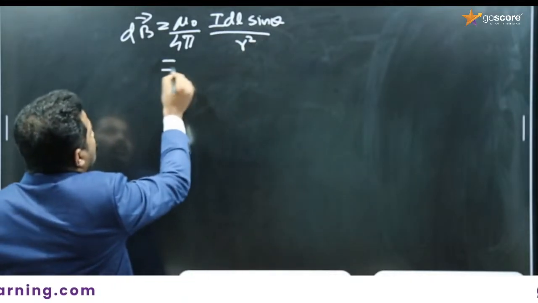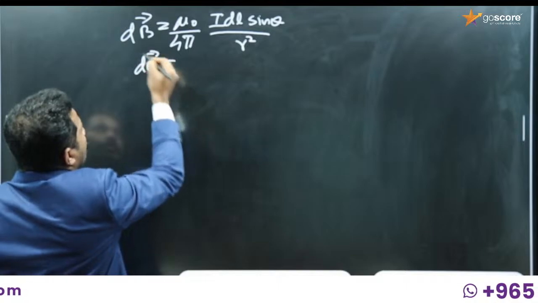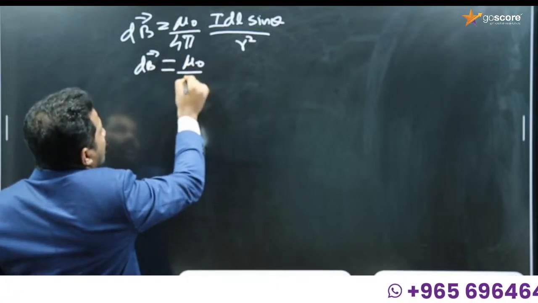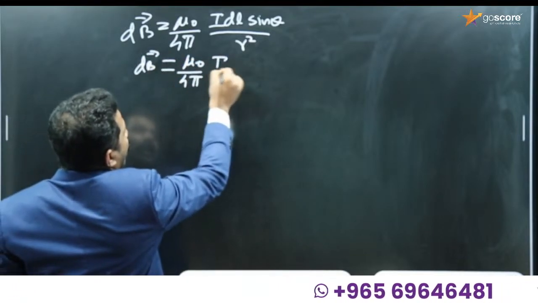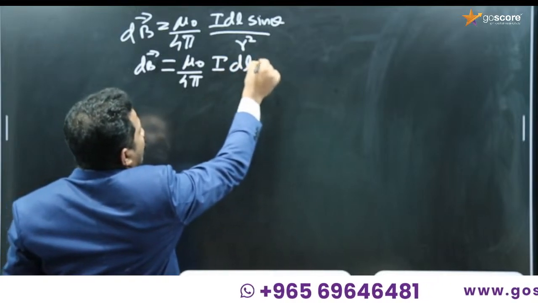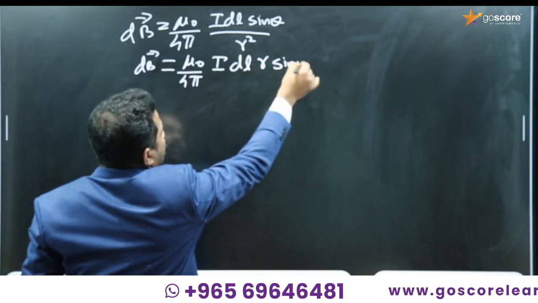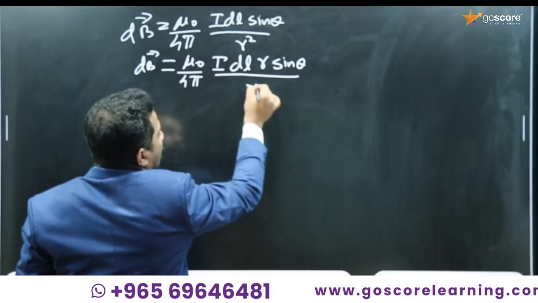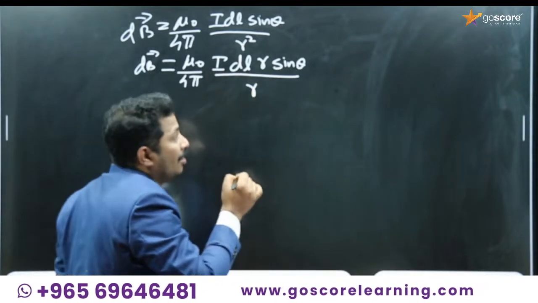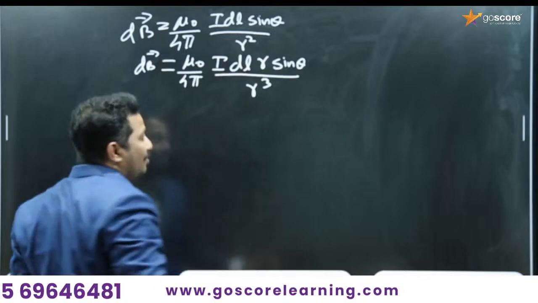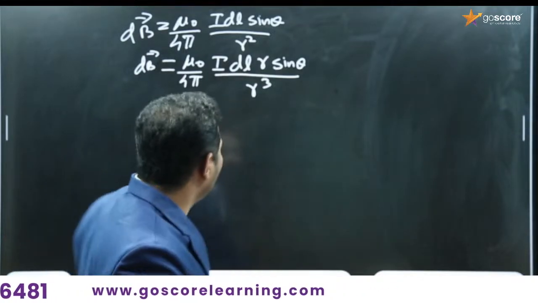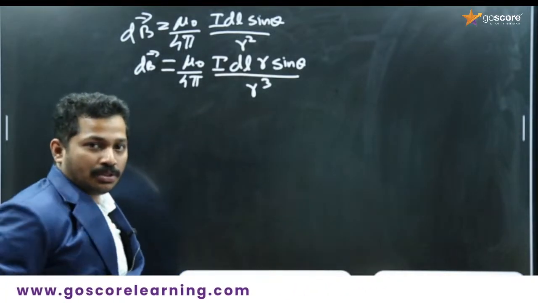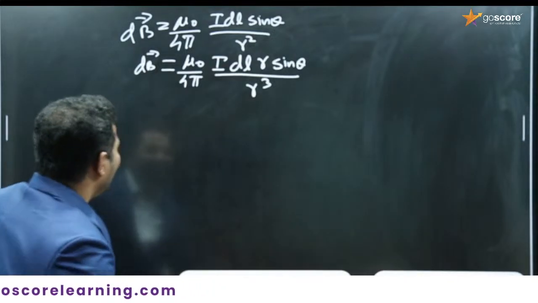So I wish to write it like dB is equal to mu 0 by 4 pi I dl into r sin theta by r cube. Since we have multiplied with r in the numerator, it should be r cube. So what's the purpose of this? Any idea?